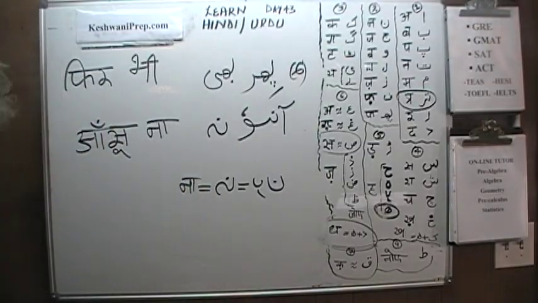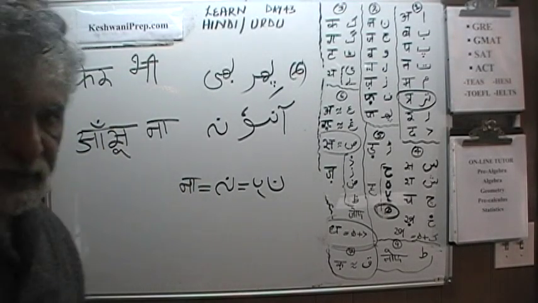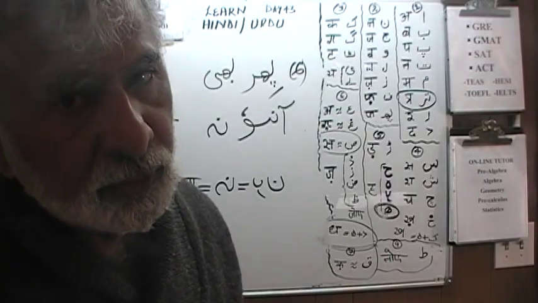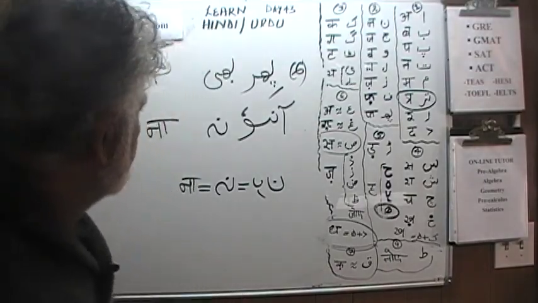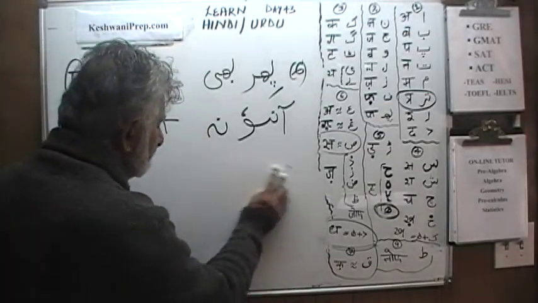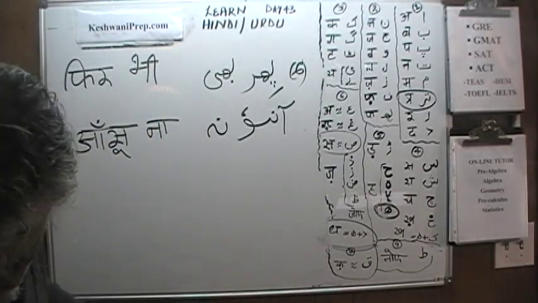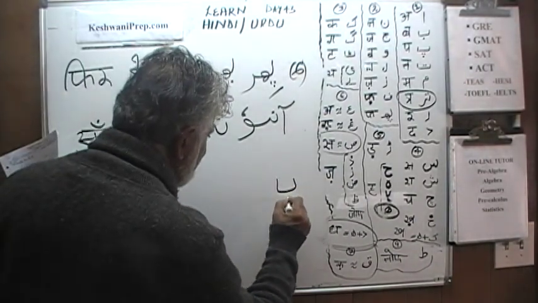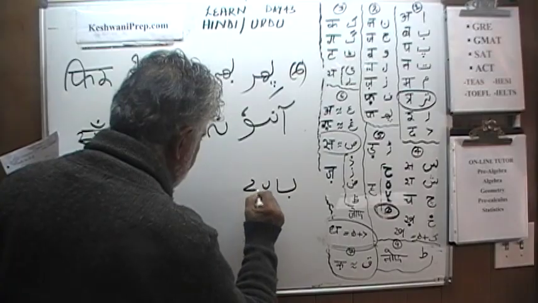Many times there are words that end with a aa ki matra in Hindi, but written in Urdu script, we use he to produce the aa ki matra. Phir bhi aansu na bahe. We just did it a little while ago: be, he, and a ye.